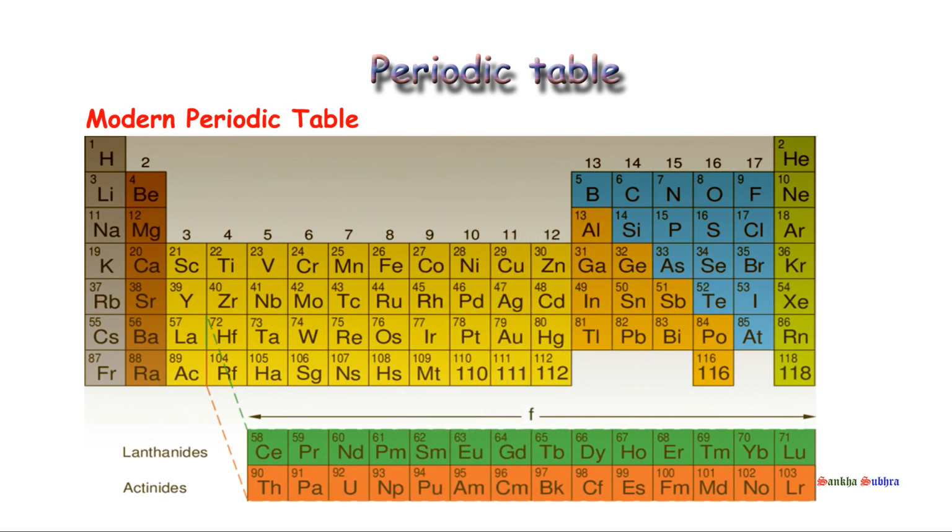Now, observe the modern periodic table very carefully. We will find that there are two more rows placed at the bottom of the periodic table, and these two rows are termed lanthanides and actinides respectively. Basically, these two rows belong to period 6 and period 7, but they have a very special property.